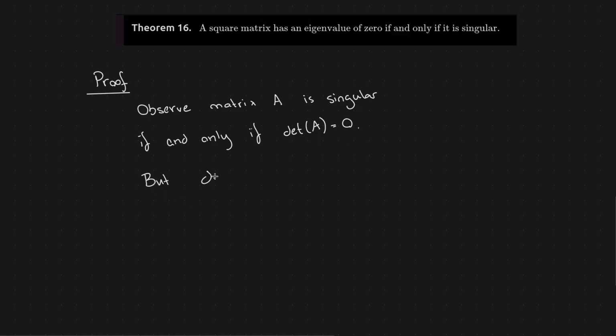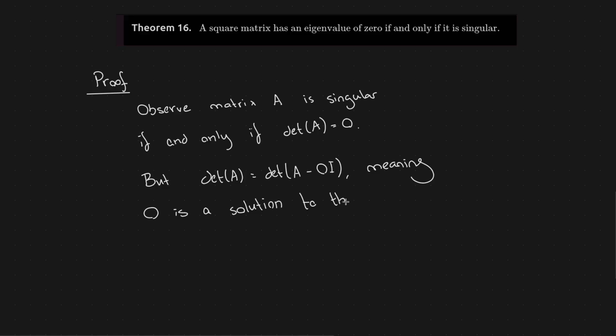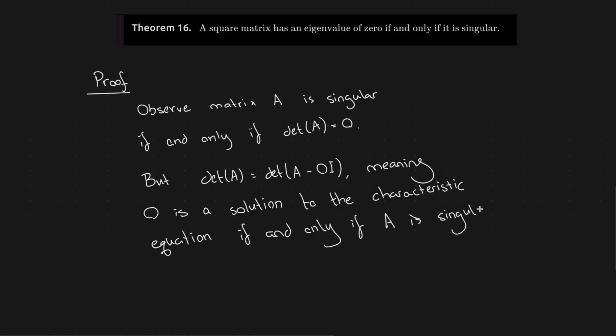But the determinant of A is equal to the determinant of A minus 0I. Notice that means 0 is a solution to the characteristic equation if and only if A is singular.